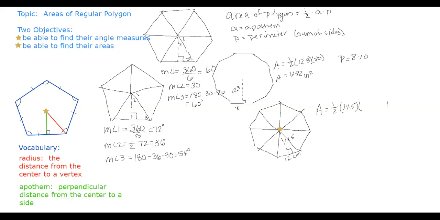And again, this is an octagon, so it's 8 sides, and each side is 12, so this is going to be 8 times 12, which is going to give me 96. So this is 96. And when I multiply that out, I get that my area is equal to 696 centimeters squared.